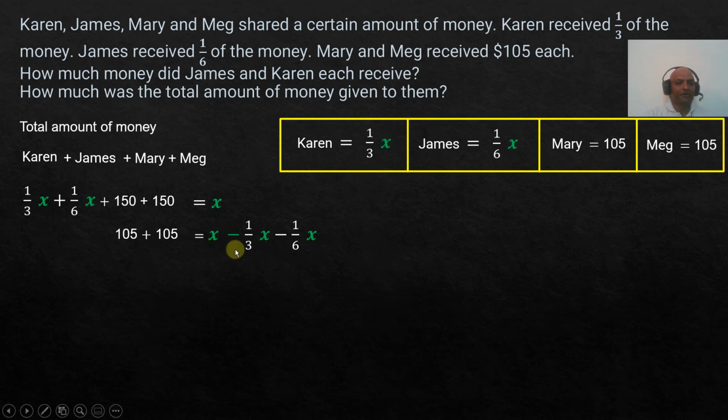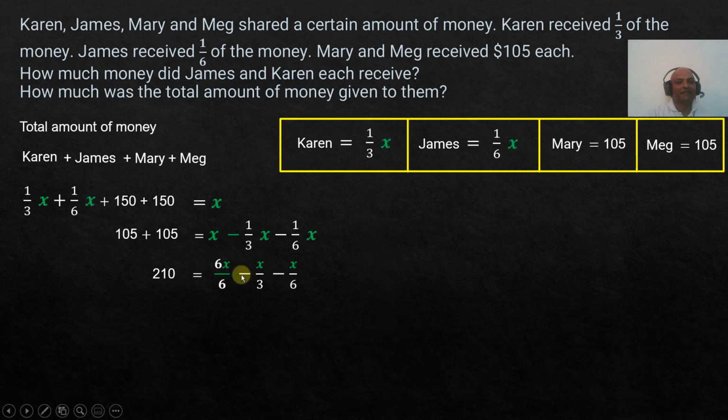Now, if you're going to solve this, because there are fractions involved, we want to make the denominators the same so that we can go ahead and calculate the numerators. So x can be written as 6/6 of x, or 6x over 6. 6 and 6 get cancelled, which means it's 1 whole of x.